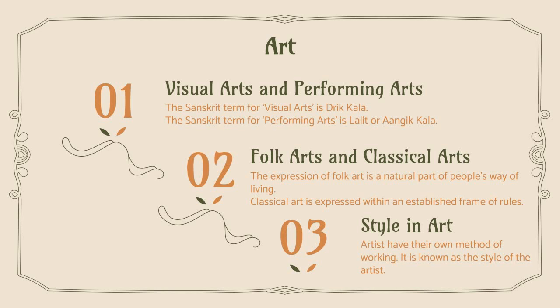The Sanskrit term for the first type is Drikkala, and for the second type is Lalit or Angik Kala. Many examples of prehistoric rock art have been discovered at many sites in the world. It proves that the origin of visual arts is as old as the Stone Age man.